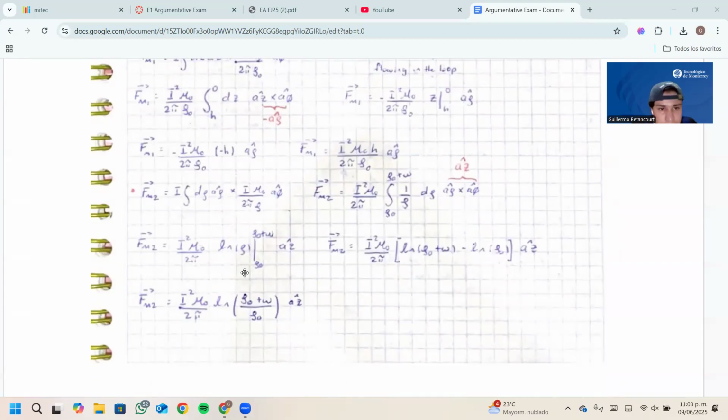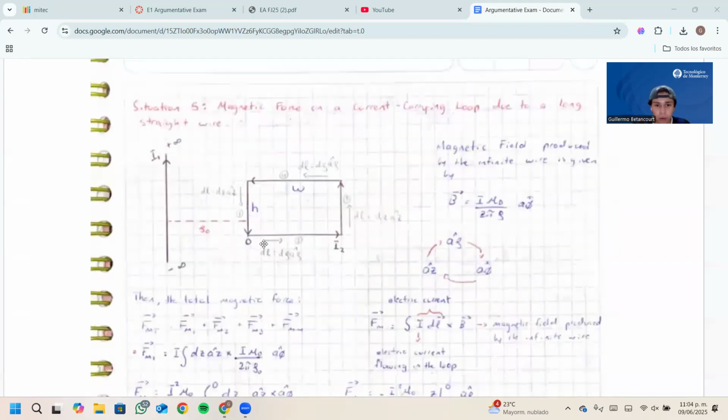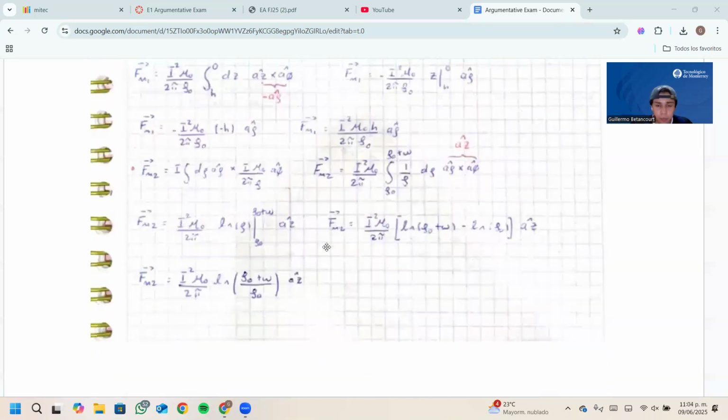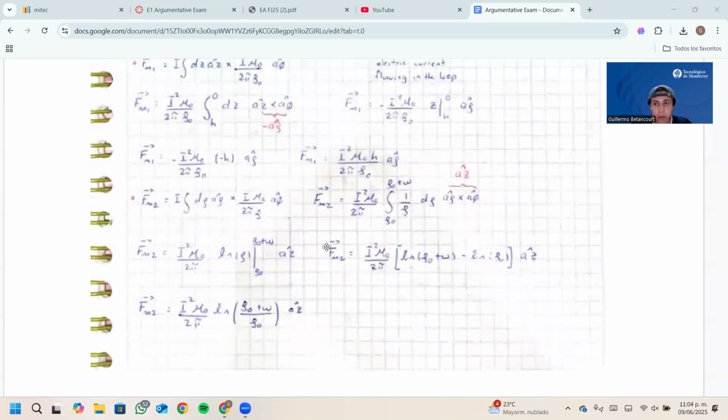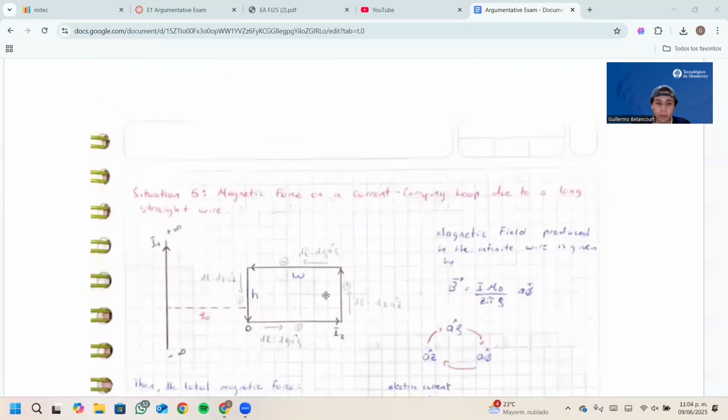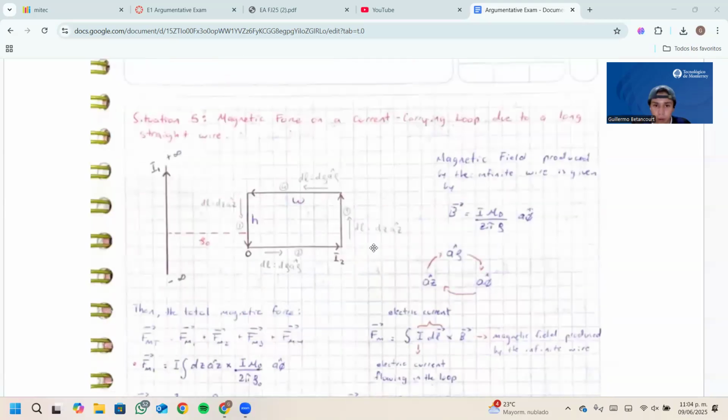for the second part, where we now know that the differential of length is a differential of rho, in the direction of rho. So we can see here the second point. We know that we are going to evaluate from initial rho to initial rho plus the width of this rectangle.